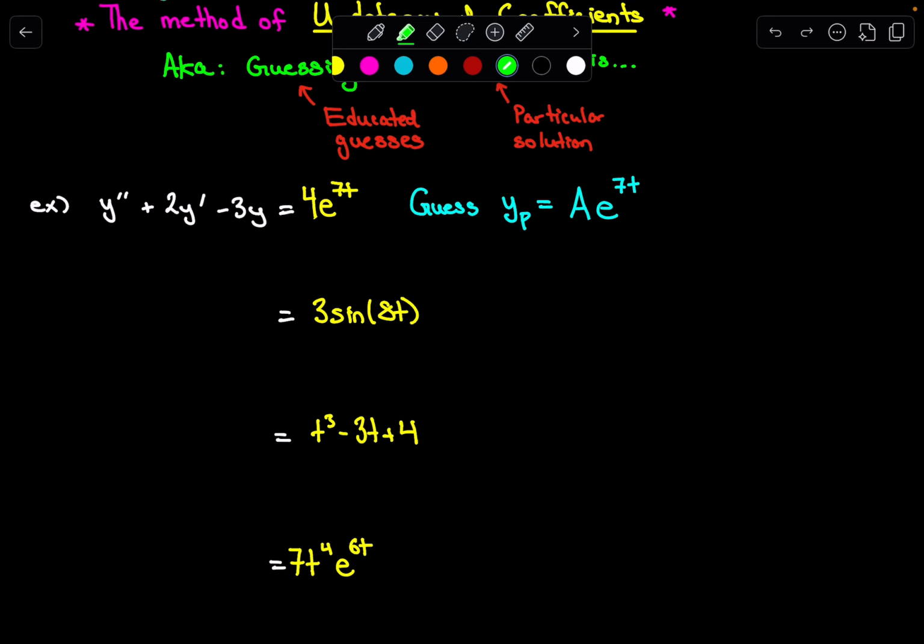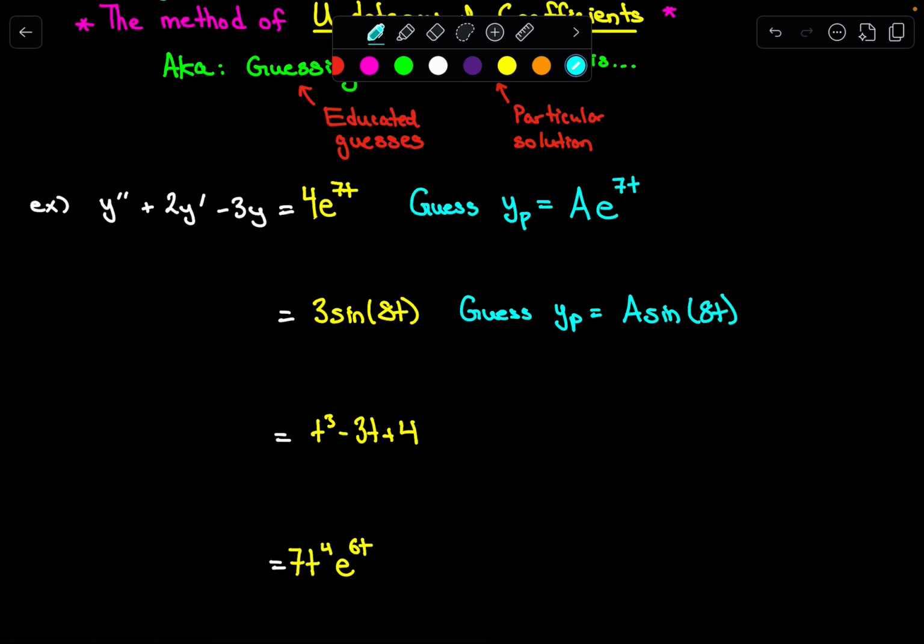And we're going to follow this trend for the rest of them. So what happens if we have a sine function like 3 sine of 8t? Again, we're going to make an educated guess. What kind of function could we have? It might make sense to write a sine of 8t as a guess.